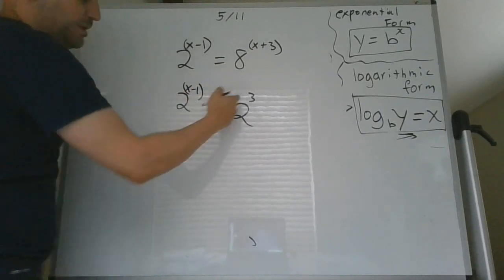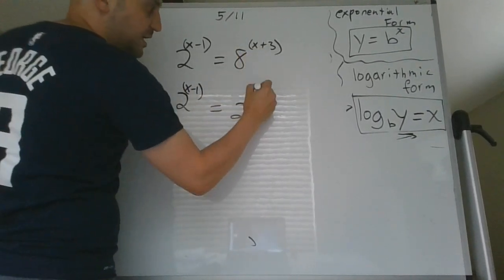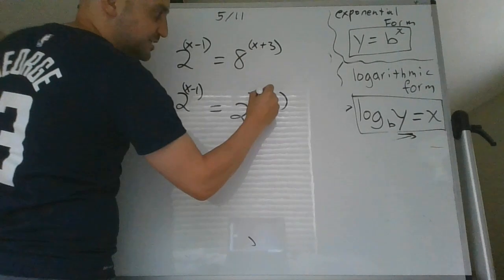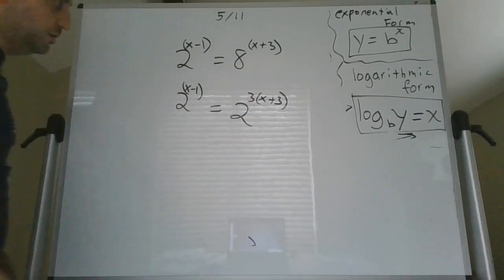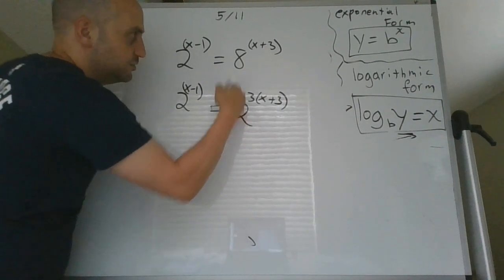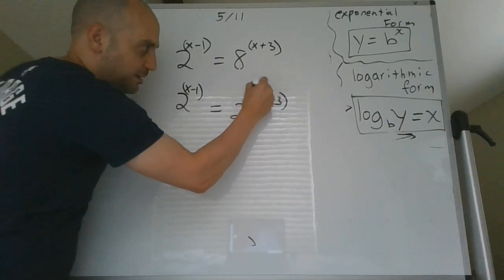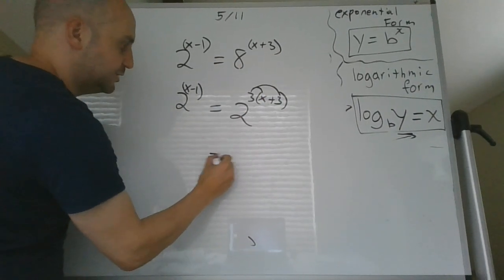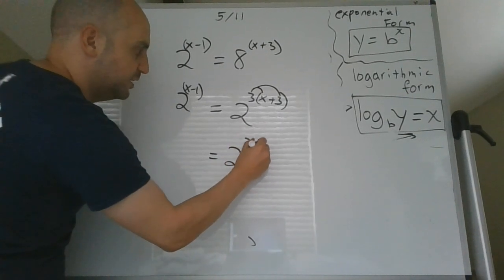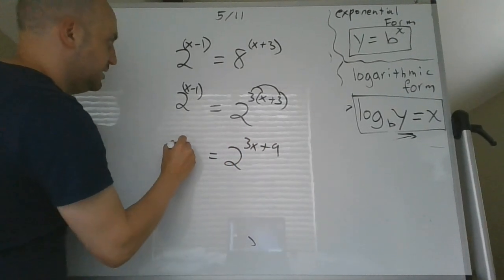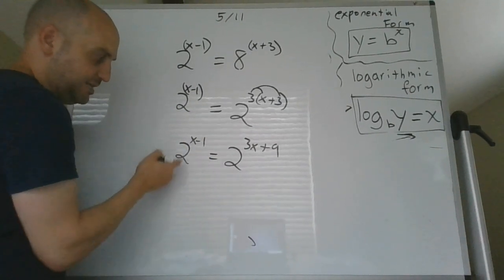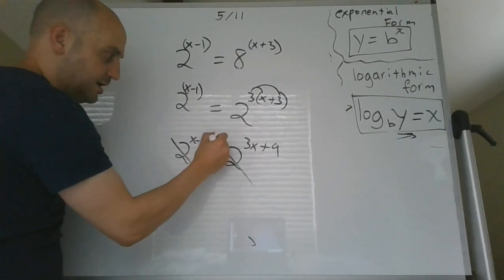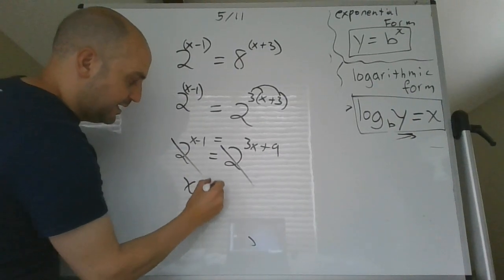However, I do have to remember, if I make 8 into 2 to the power of 3, the x plus 3 was already there. We can't just get rid of it. So that 3 multiplies with that. That's going to equal 2 to the power of 3x plus 9 equals 2 to the power of x minus 1. Bases are the same, exponents equal each other.